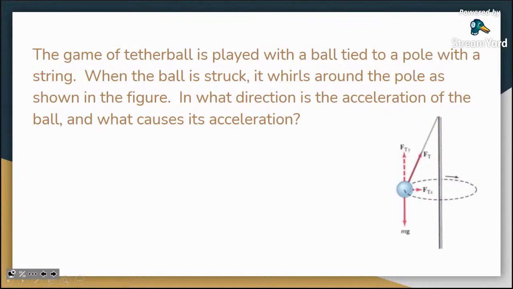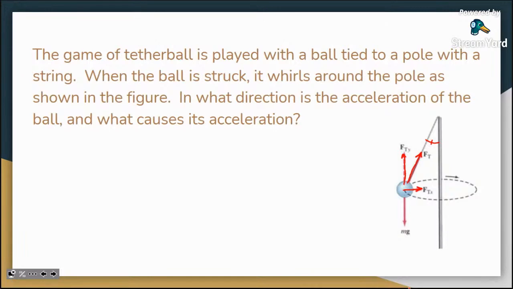If I look at this, what I notice first off is that they're showing a force of tension in that string. And because it's set at some angle, I'm going to have a force of tension along the X and a force of tension along the Y. That's going to be important.